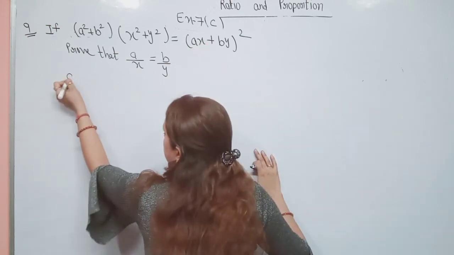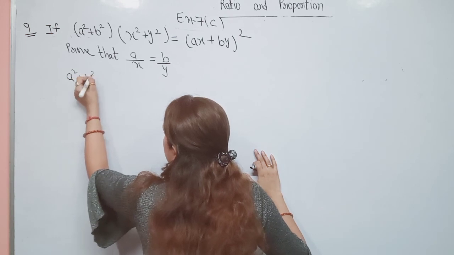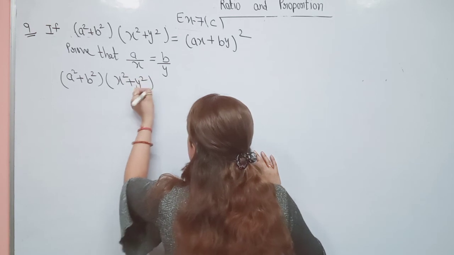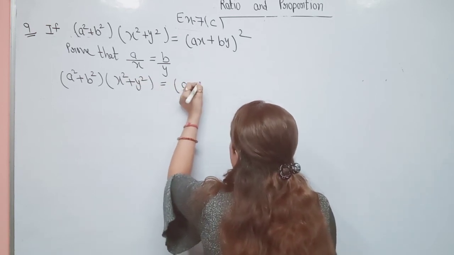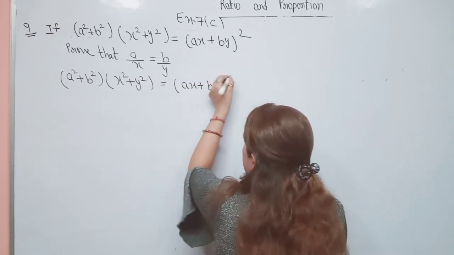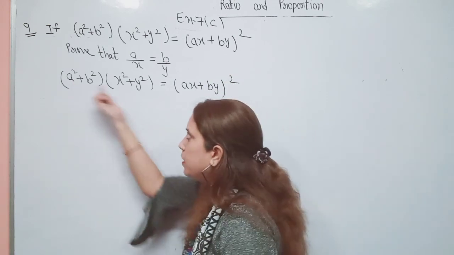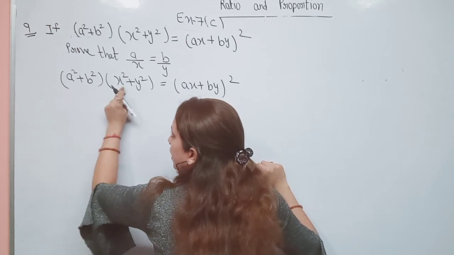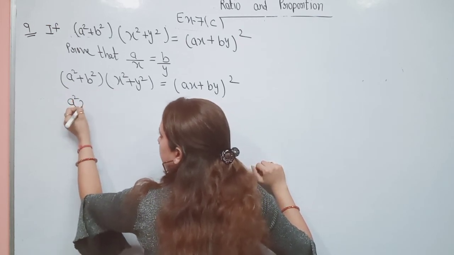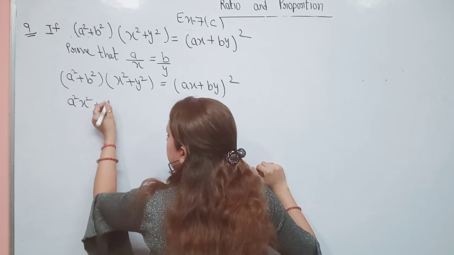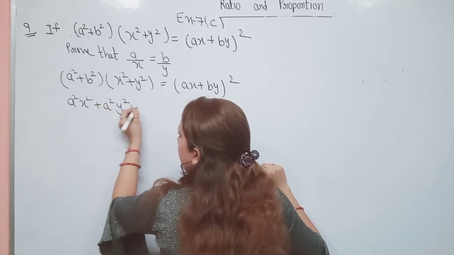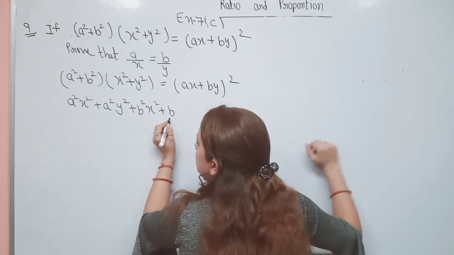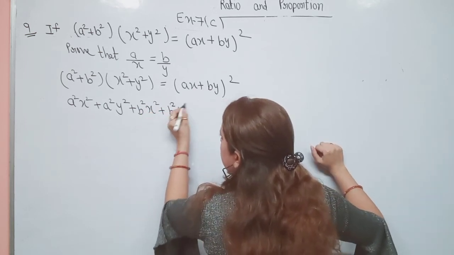So it is given a square plus b square into x square plus y square is equal to ax plus by whole square. It's very easy. First we do the multiplication. First term multiply by first term: a square x square plus a square y square plus b square x square plus b square y square.